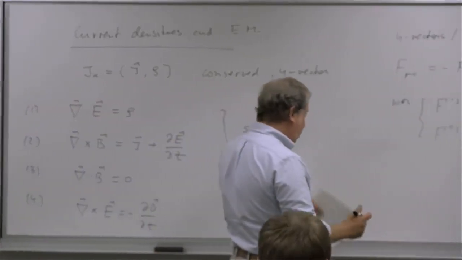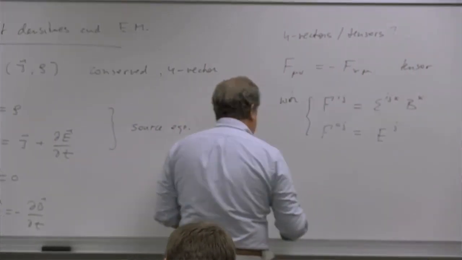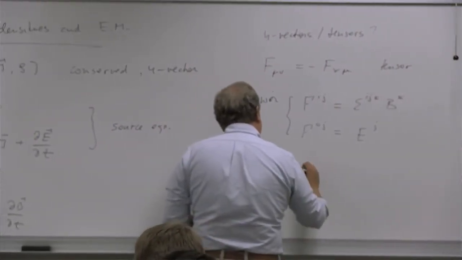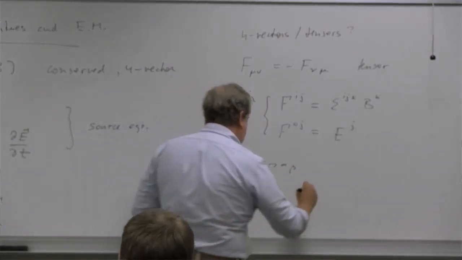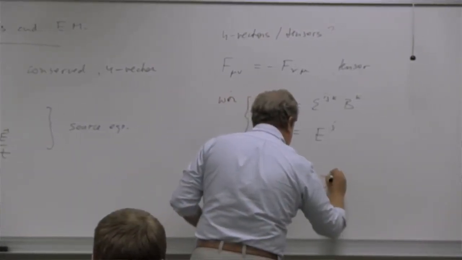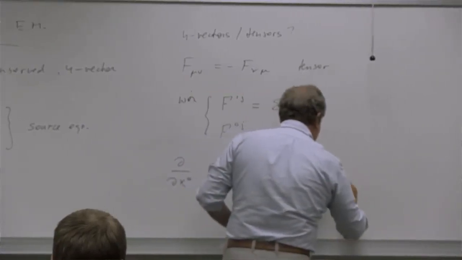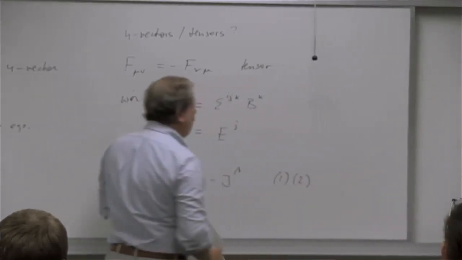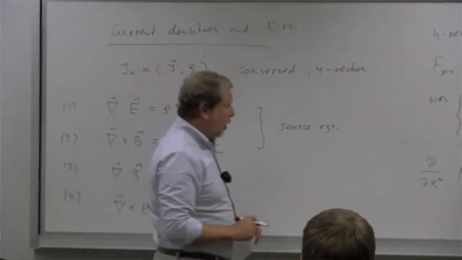And the first two equations are that d by dx^alpha of F^{alpha beta} is equal to minus j^beta. So that's equations 1 and 2. I'll leave it as an exercise for you to convince yourself that this is actually the case.